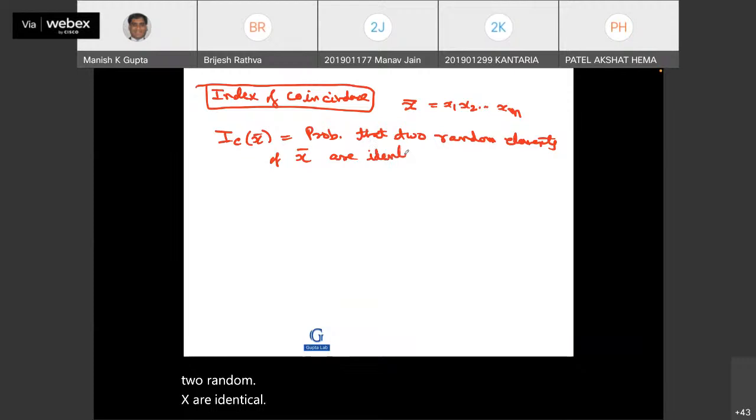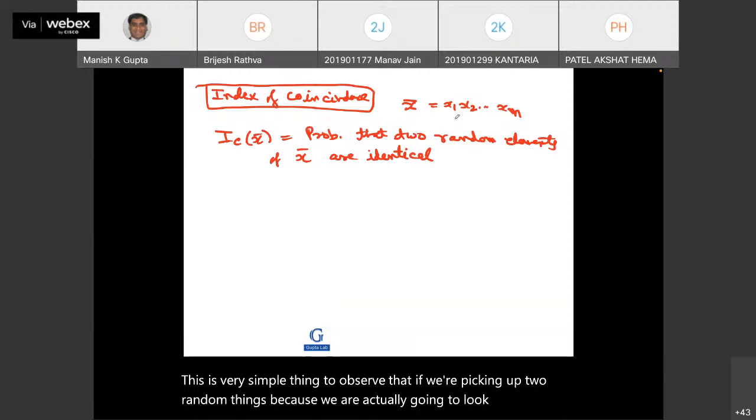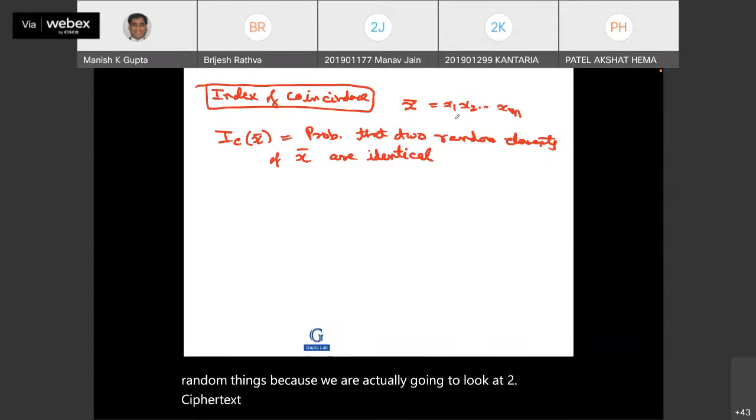This is a simple thing to observe, because we are going to look at two ciphertext characters which are the same, or two plaintext characters which are the same. So this is something we can talk about with probabilities. Probability that two random elements of x are identical.